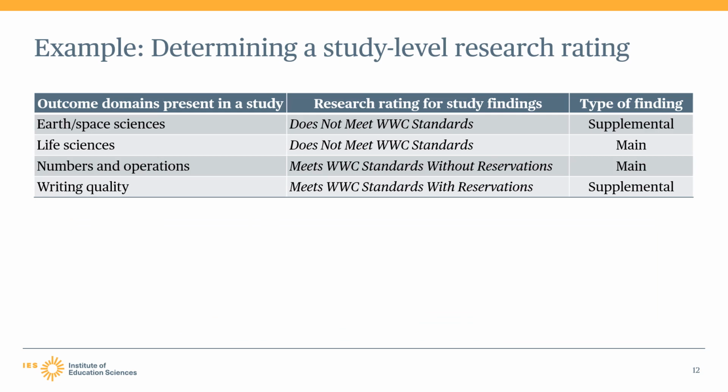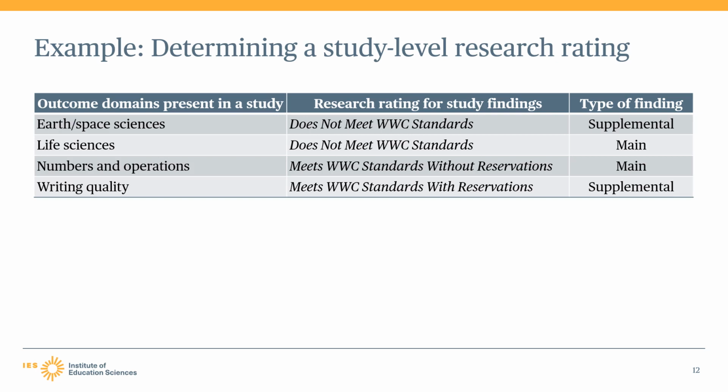Let's walk through an example to demonstrate this concept. Consider a study that had eligible findings in 4 outcome domains: Earth-Space Sciences, Life Sciences, Numbers and Operations, and Writing Quality.